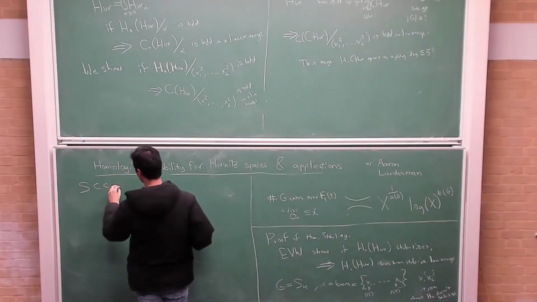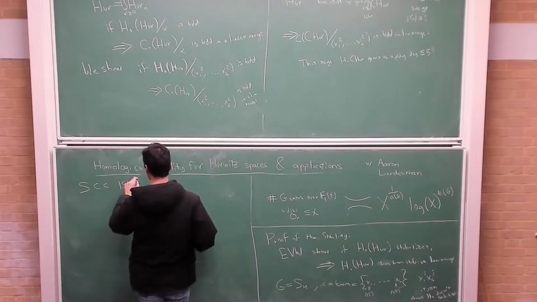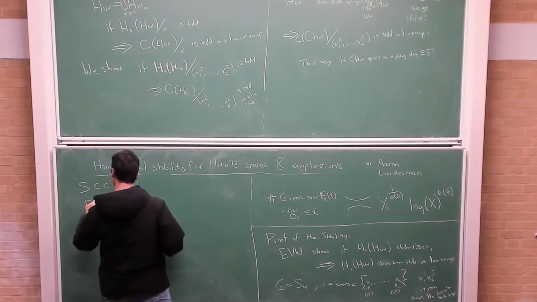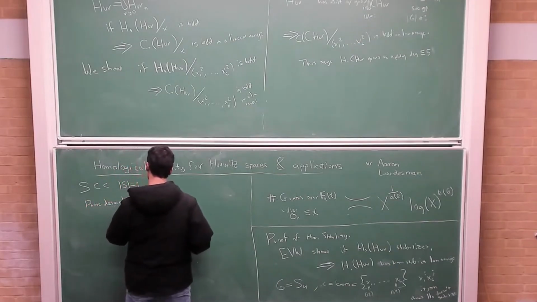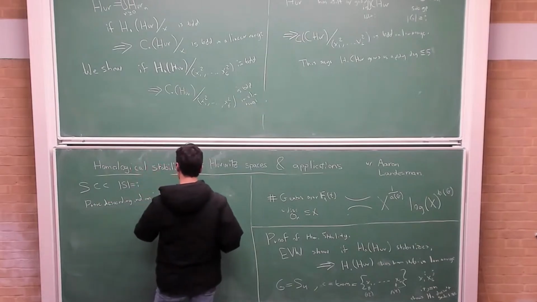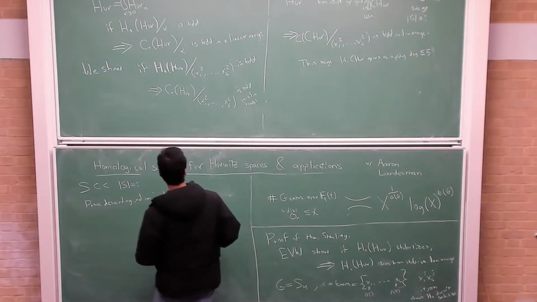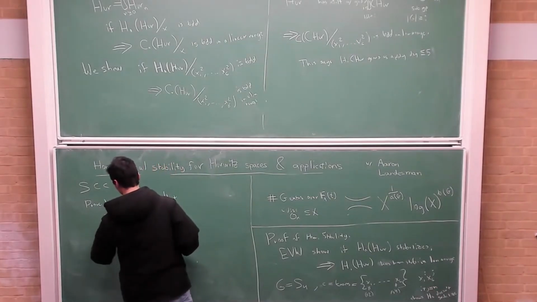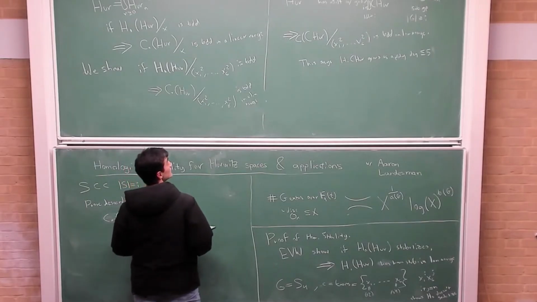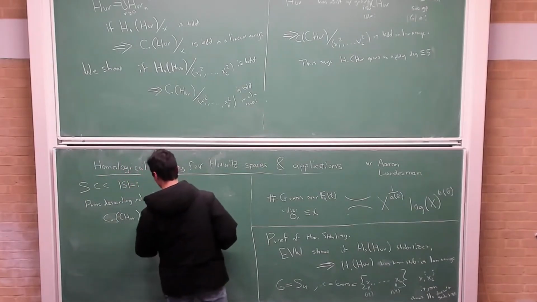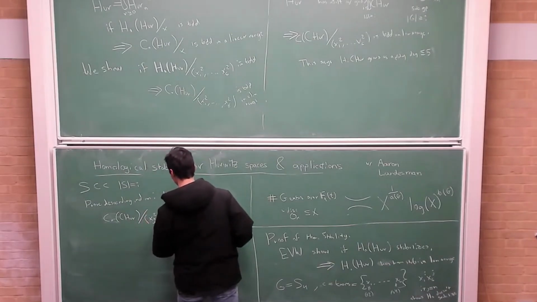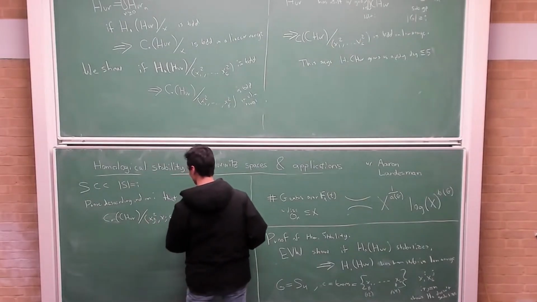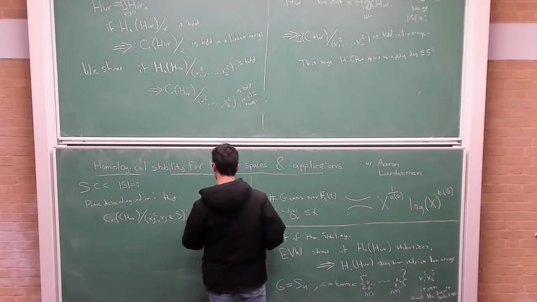So choose a subset of size i, and we'll prove by descending induction on i that when you take the chains on the connected Hurwitz space and then quotient out by the xj squared, where xj is inside the subset, this is bounded in some linear range.